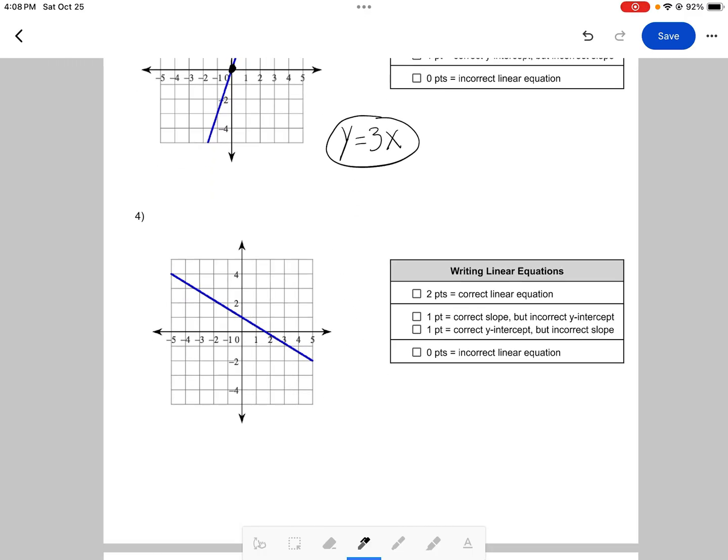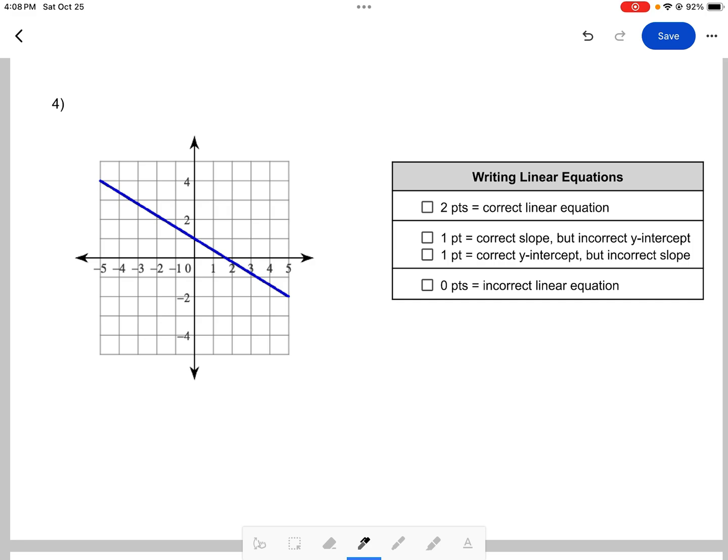Looking at number 4, this time my y-intercept, or my b, starts at 1. And my slope, let's see, I'm going to go up 1, 2, 3. And I'm going to go to the left 1, 2, 3, 4, 5.